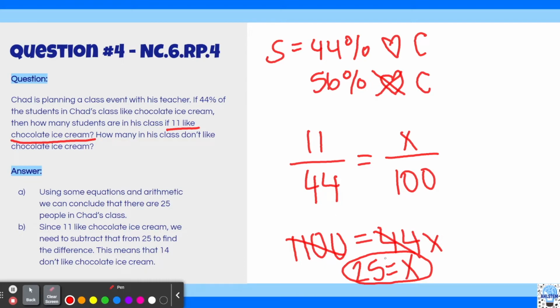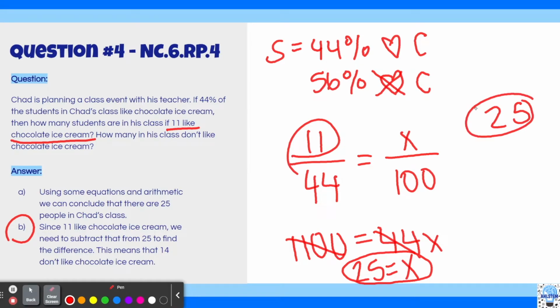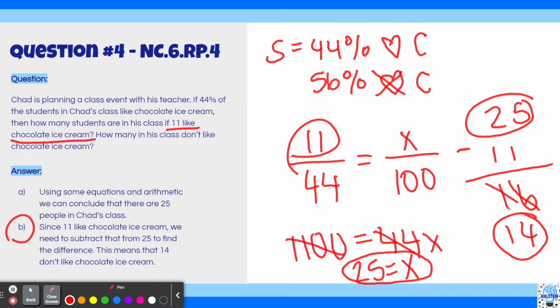So for B, to find how many don't like it, we simply subtract the number of people who like chocolate from the total number of people. And we get 14. So 14 people don't like chocolate ice cream, and 11 people like chocolate ice cream.